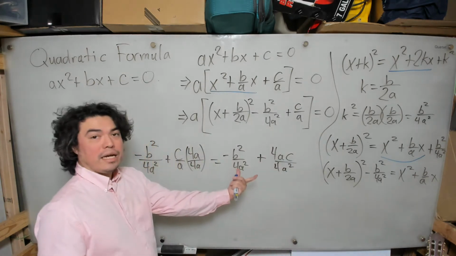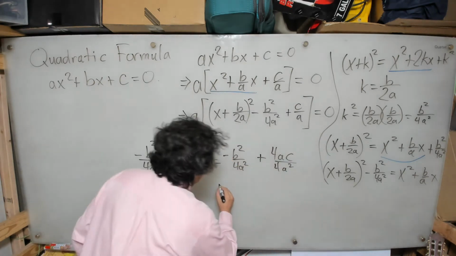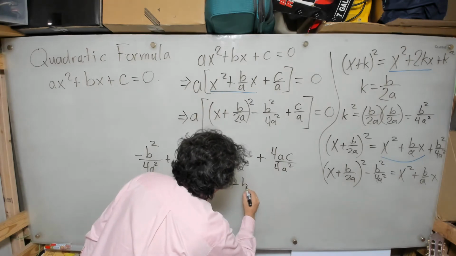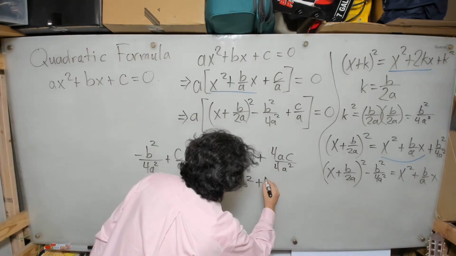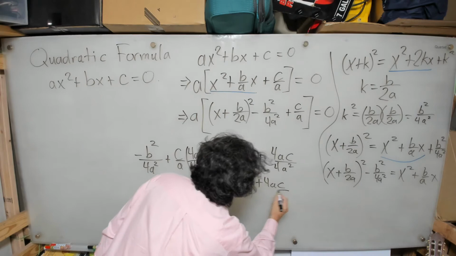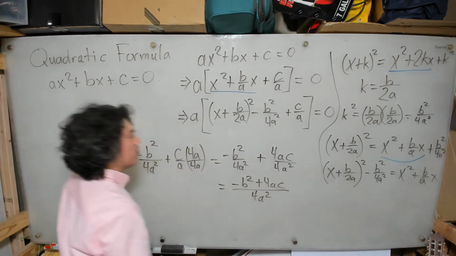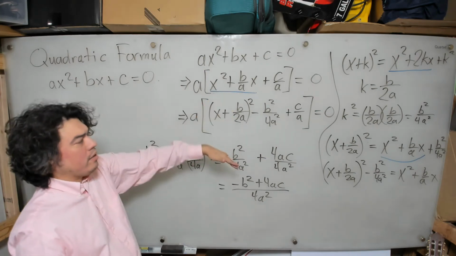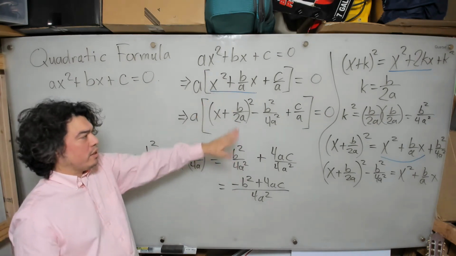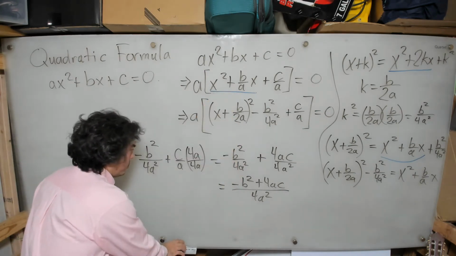Now, look at this. I can combine them. So this is negative b squared plus 4ac all over 4a squared. Okay? So now in the next line, what I'm going to do is I'm going to put this there.